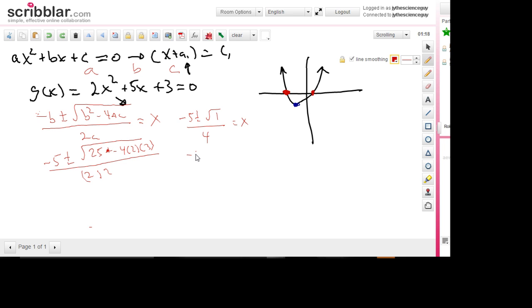So I get -5 plus or minus 1 all over 4. Okay. Okay, so I can separate these into two different numbers. So one x is equal to -5 plus 1 over 4. And then the other x is -5 minus 1 over 4. Do you see how I separated the two?